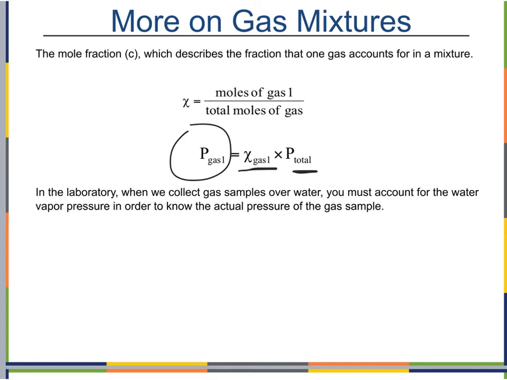Mole fraction says that if I have n moles of, let's say, gas number 1, I put that over n total, the total moles of gas in a sample, and now I've got the fraction of 1.